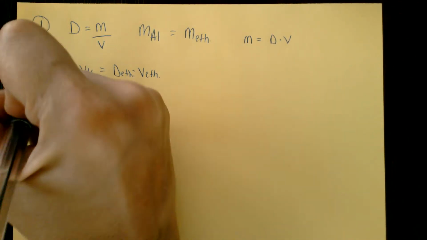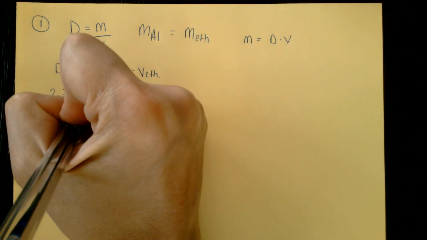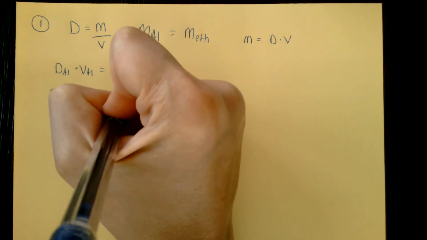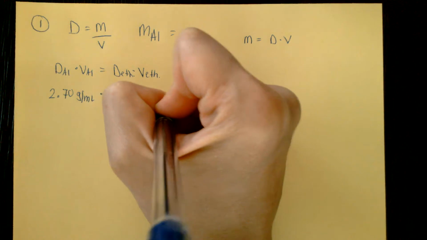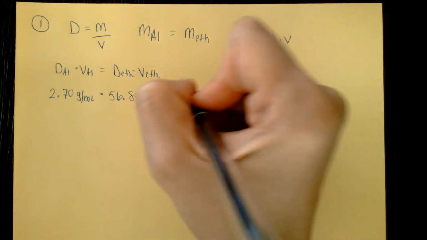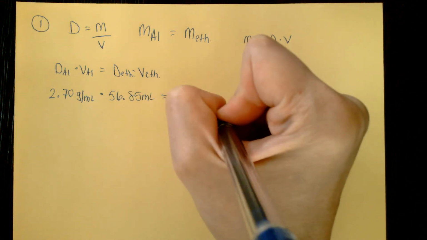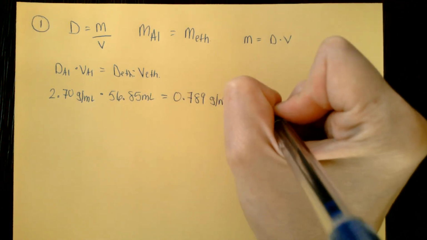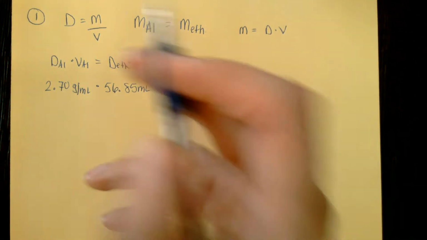So the density of aluminum is 2.70 grams per milliliter, and they told us the volume was 56.85 milliliters, and that's going to equal the density of ethanol, which they told us was 0.789 grams per milliliter, times the volume. So now all I have to do is solve for the volume of ethanol.